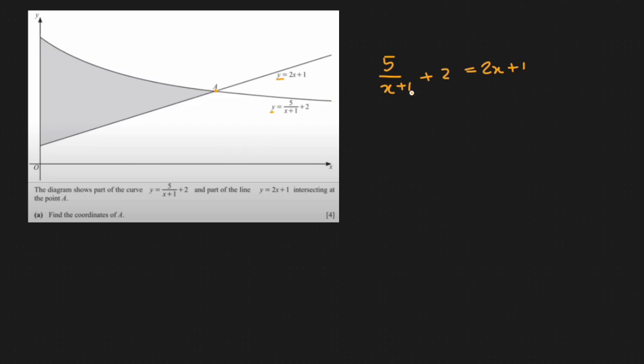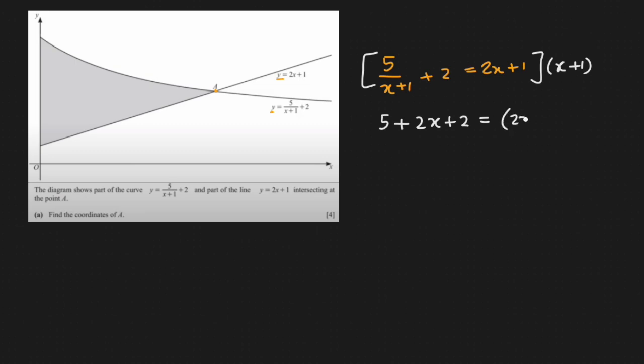Alright. So first things first, this x plus 1 should go. So what will I do? I will multiply the whole of the equation by x plus 1, so that when this x plus 1 multiplies with 5 over x plus 1, the x plus 1 cancels out and we are left with just 5. But this 2 will multiply with x plus 1, it will give us 2x plus 2.